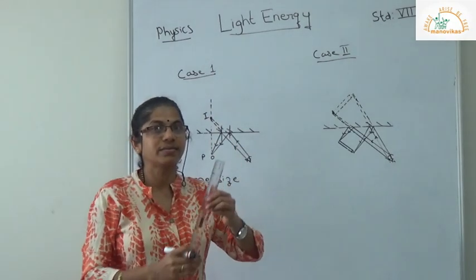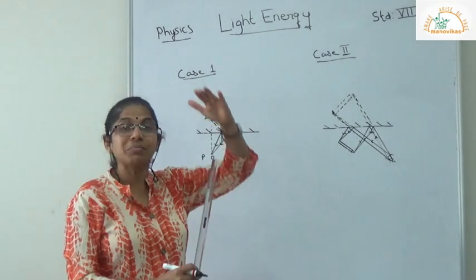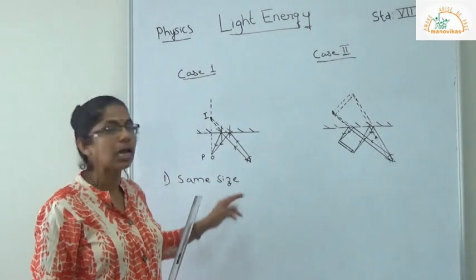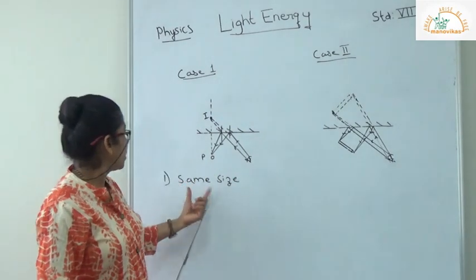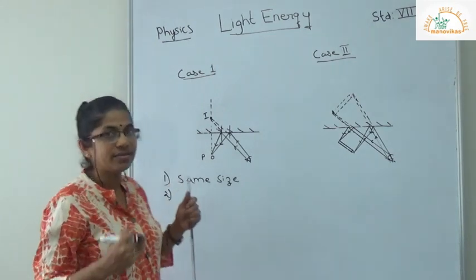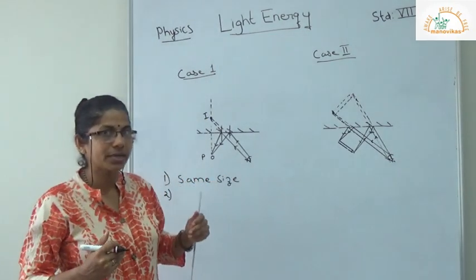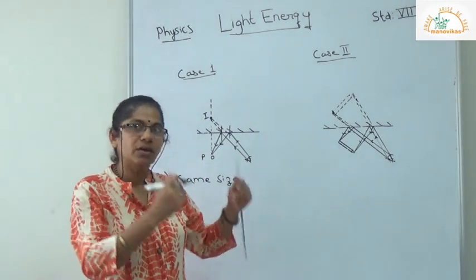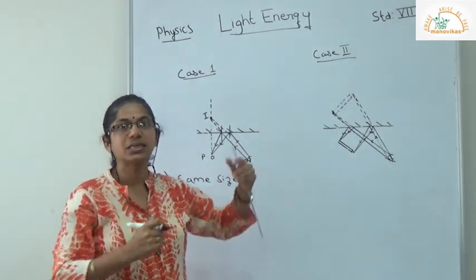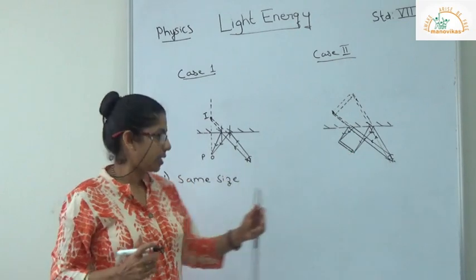Suppose the object is 1 meter in height, the image also is going to be 1 meter in height. Next, the second characteristic will be the distance between the object and the mirror will be the same as the distance between the mirror and the image. Correct?